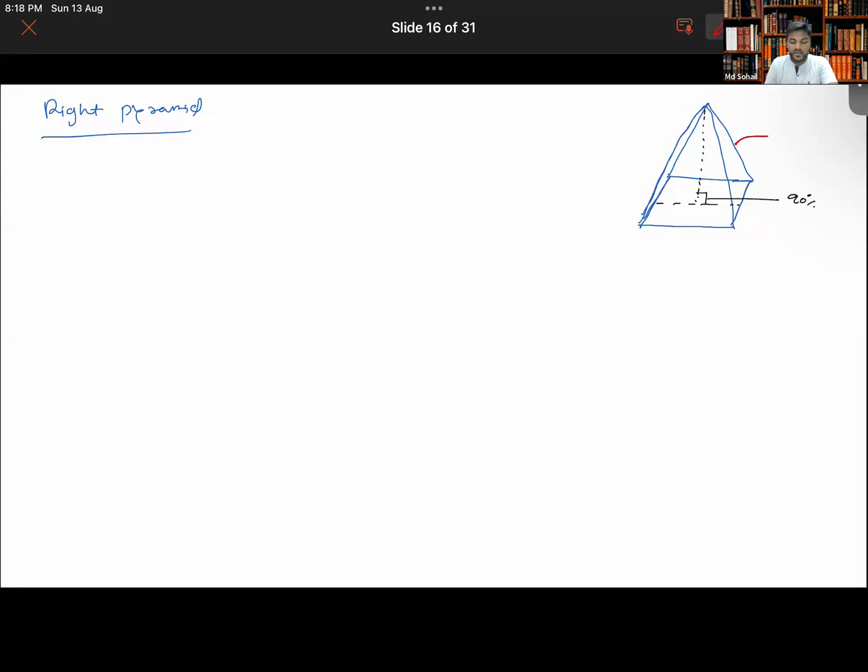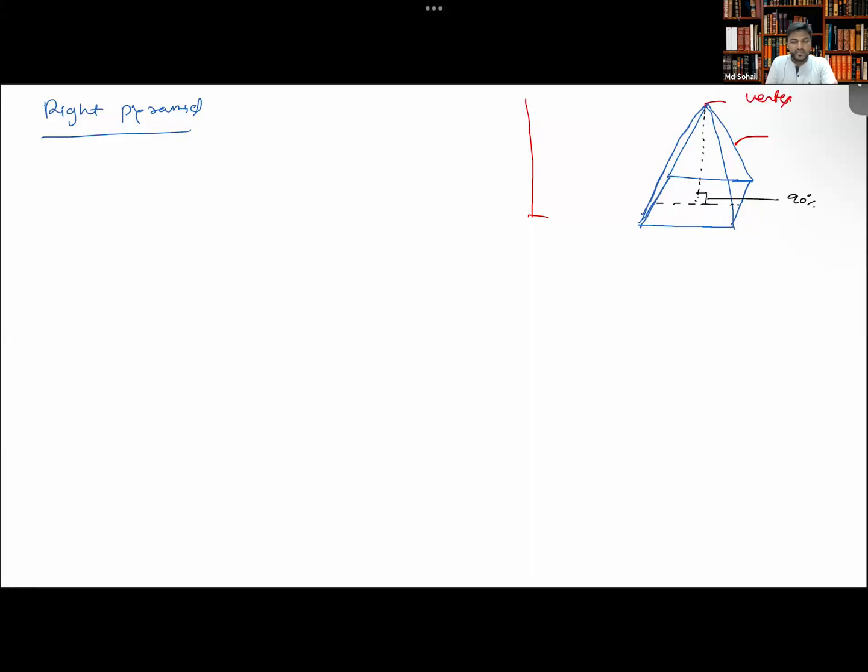In case of a pyramid, you don't have a perpendicular height. It is quite difficult to calculate it perpendicular because the figure is not straight, right? The edges are tilted and joined at this vertex over here. So the height, rather than being perpendicular, is tilted, and we call it slant height. So slant height is also there. Remember this thing over here.